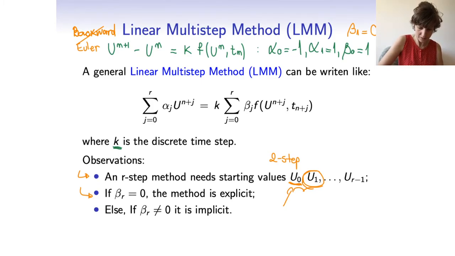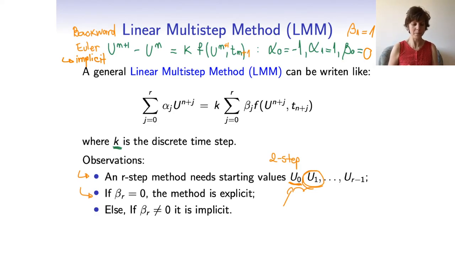So it's n plus 1 here and n plus 1 here. So now our beta 0 equals 0 and our beta 1 equals 1, and therefore the backward Euler is an implicit method, okay? So if the beta r is different than 0, then the method is implicit.